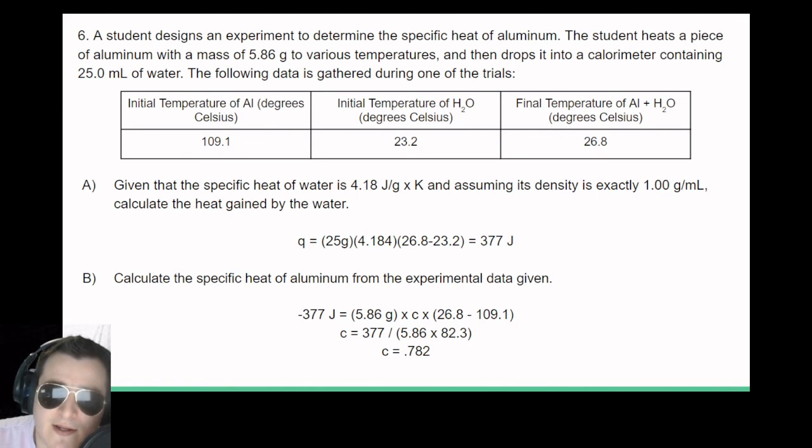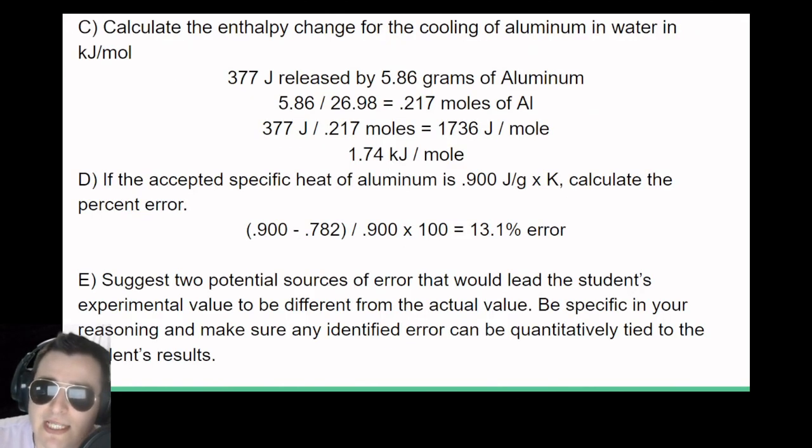Either way, it would show that the aluminum wasn't releasing as much energy as it actually did. And so it would in turn make your specific heat values appear lower than what it was supposed to. Hence why our specific heat was 0.782 when it was supposed to be 0.900. Right? Very easy errors to assess.